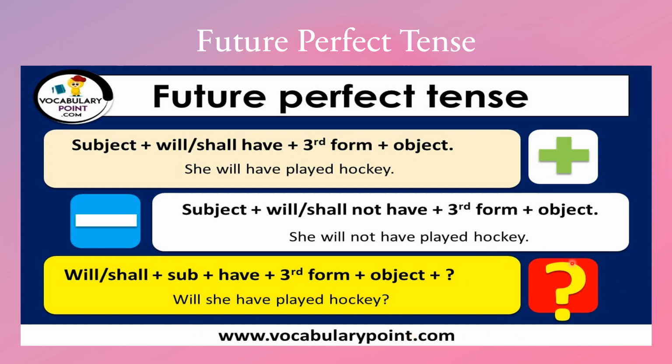And then for a question, it's will or shall plus your subject plus have plus your third form verb plus your object, and remember a question mark. So will, and then she, which is your subject, have, and then played, because it's play in third form, and then your object, which is hockey, and then a question mark.